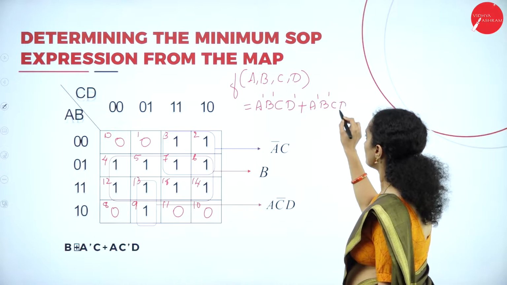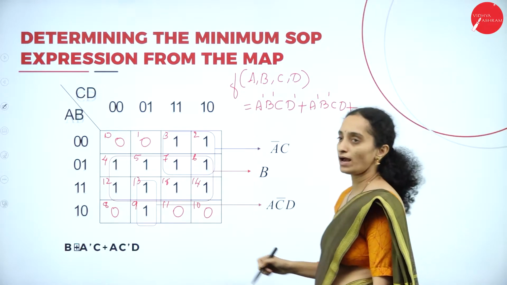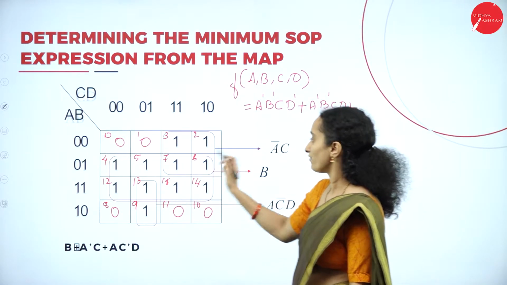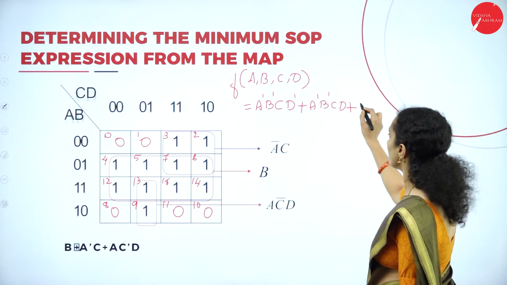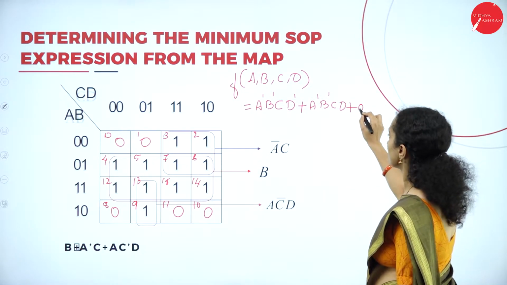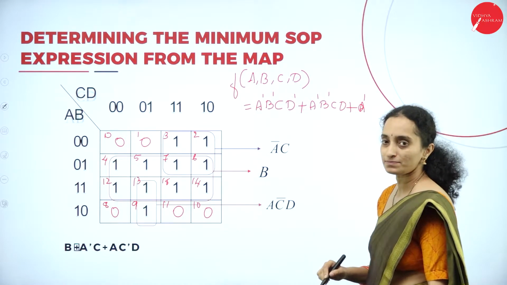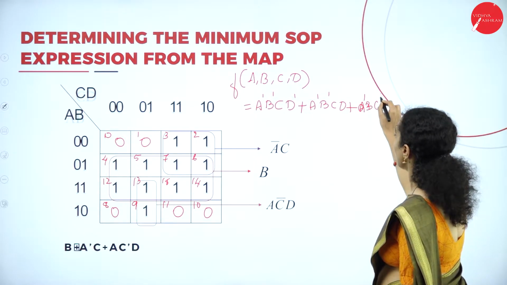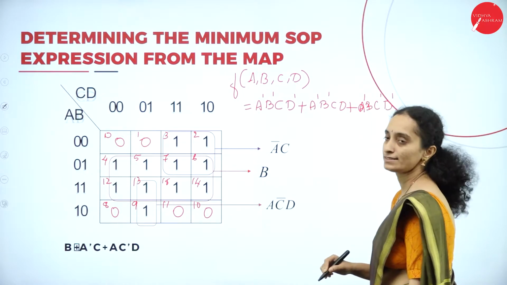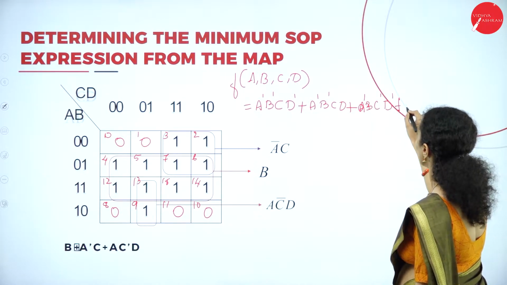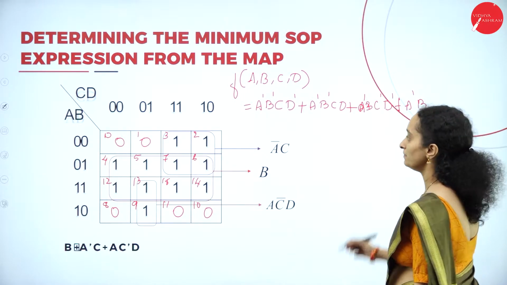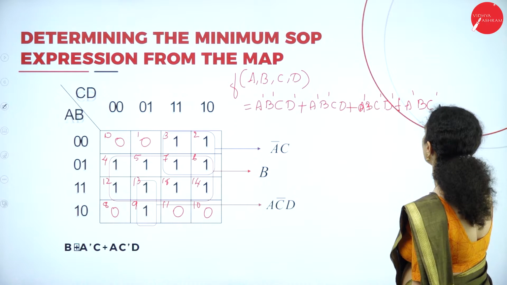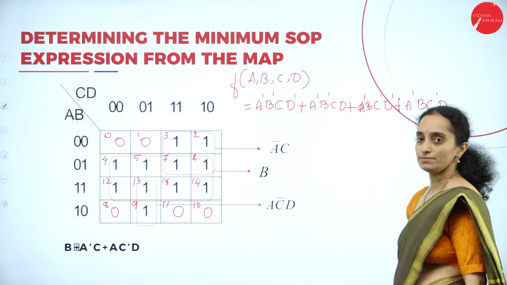c into d, plus we have 2, 3, 4, 5, 6, 7, all you have 0, that is a dash, b, c dash, d dash, plus a dash, b, c dash, d.